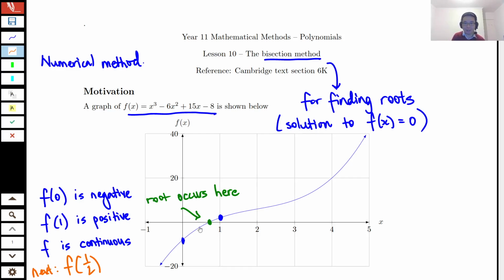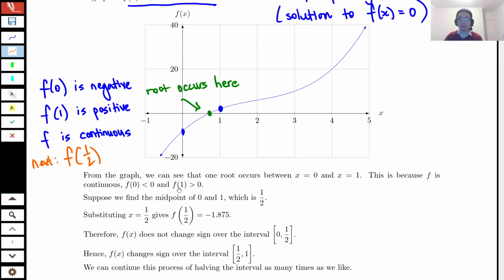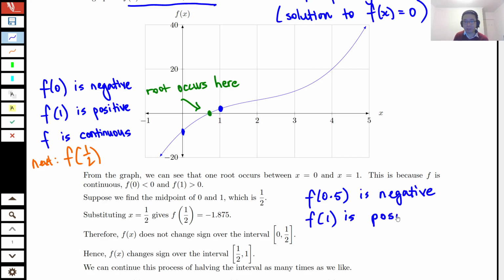In this case, you can see from the graph that f of half is going to be negative, which means my next interval will be from half to 1. So let me make this more precise. You've got the calculations in your handout. f of half is negative, and from our previous observation, f of 1 is positive.